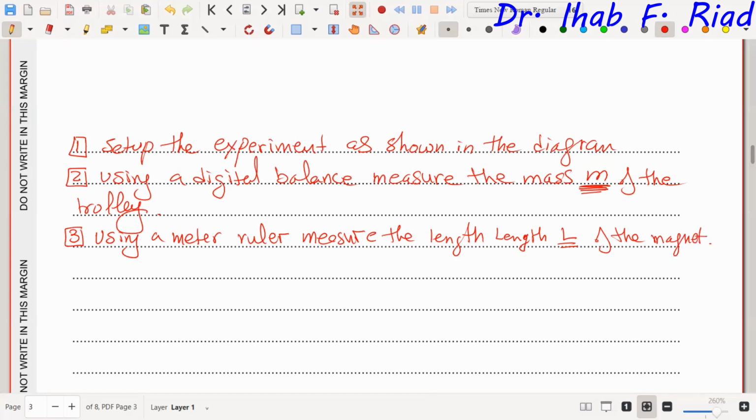Okay. We can use the meter ruler to measure the dimensions of the cross-sectional surface of the magnet, but typically the magnets are small, so a good choice of instrument would be a vernier caliper. Okay.